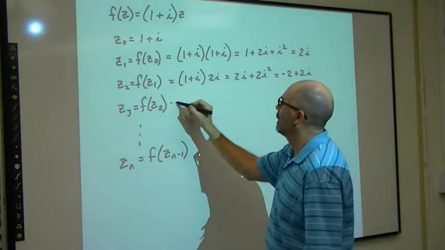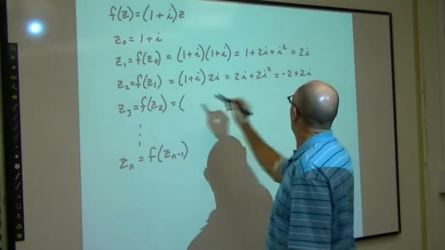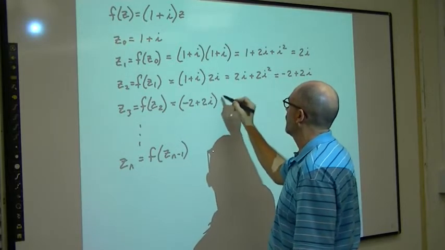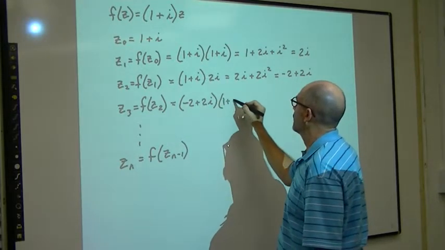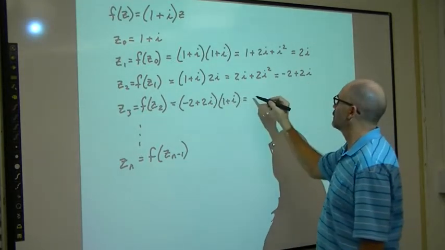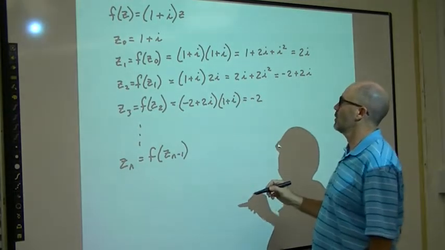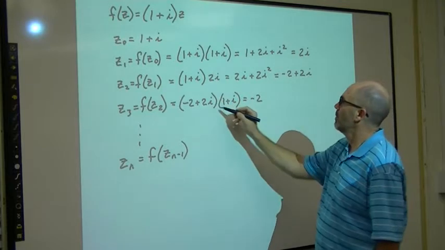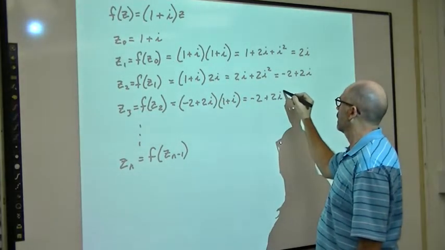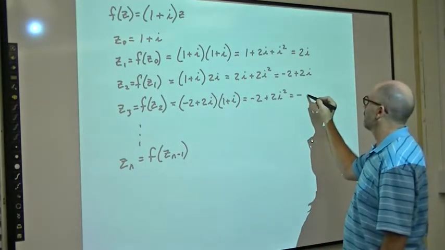Okay, now I go to z sub 3, which equals negative 2 plus 2i times 1 plus i, which equals negative 2 minus 2i plus 2i, so the 2i's are gone, plus 2i squared, which equals negative 2 minus 2, which is negative 4.